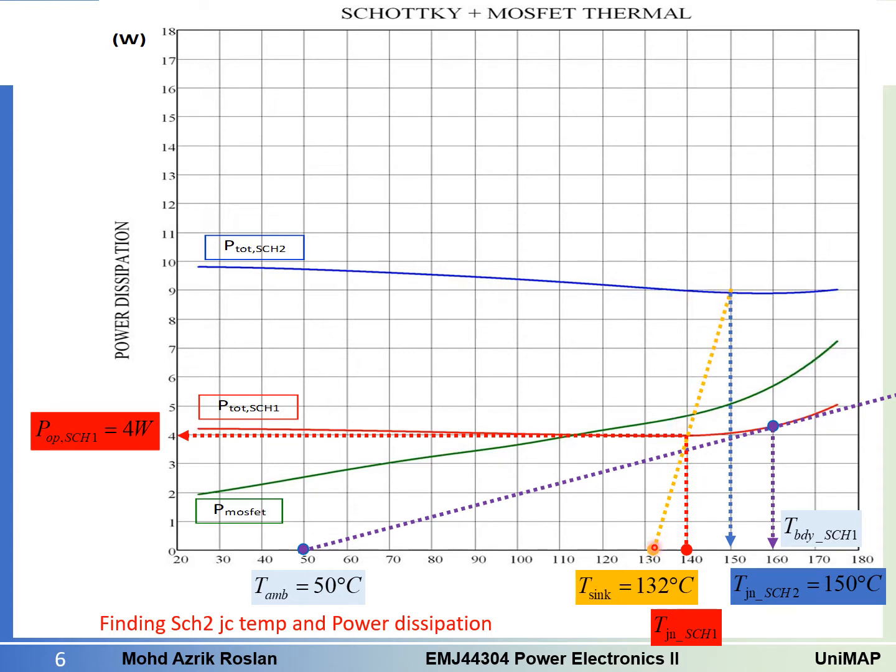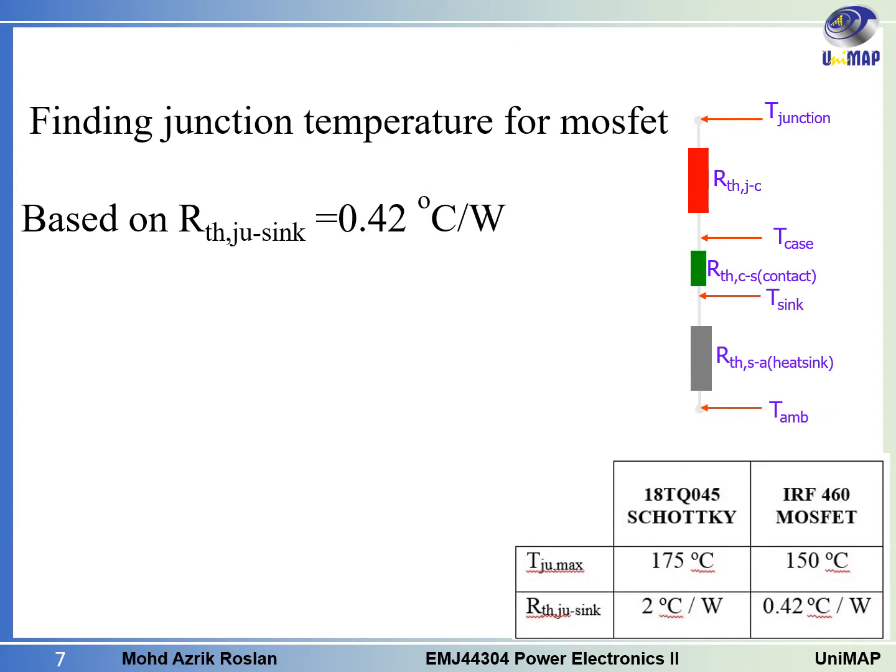So you can just draw this one and then you get this temperature. Then when we draw a straight line to this power dissipation axis, we will get the power of Schottky 2 is 8.9 watt, the dissipated power.